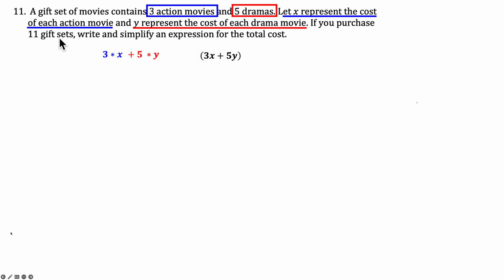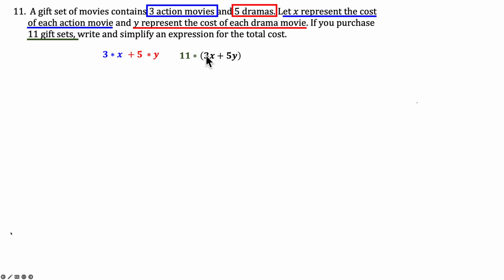If you purchased 11 gift sets, this is why we want parentheses around it, because now we want to multiply 11 to that. And if you didn't put the parentheses there, we would make a mistake and multiply the 11 only to the 3X, but yet it has to be multiplied to both of these. There's 8 movies in a gift set. So 8 times 11, I have to write an expression that says 88 movies.